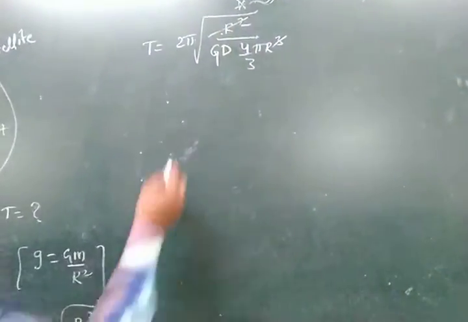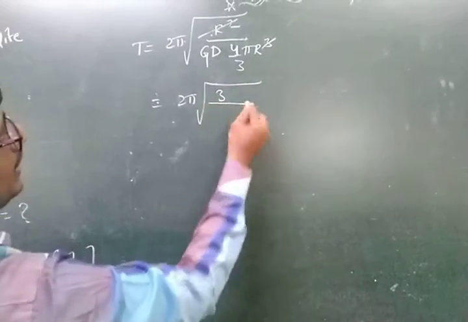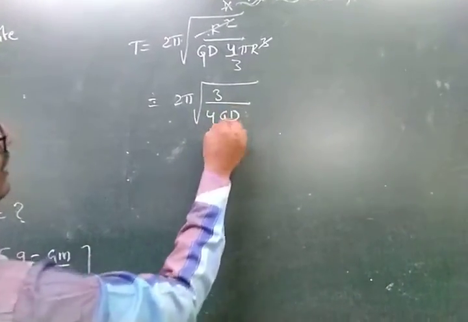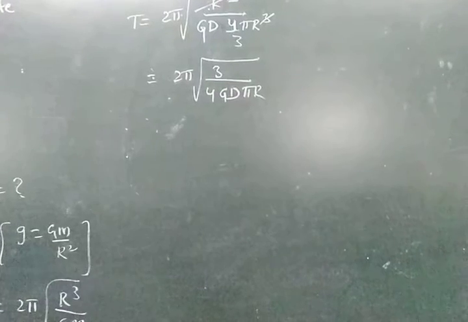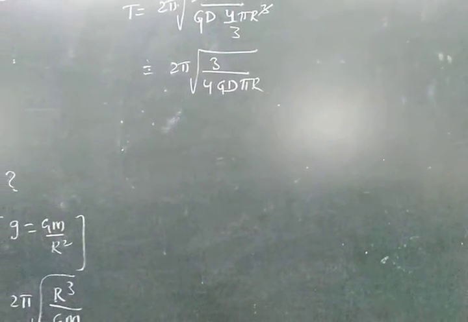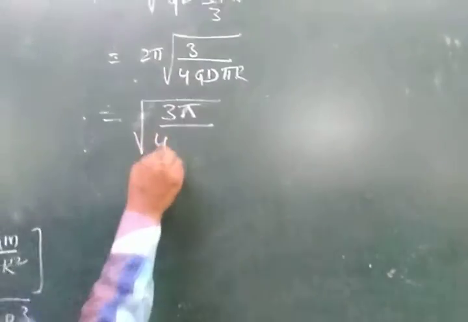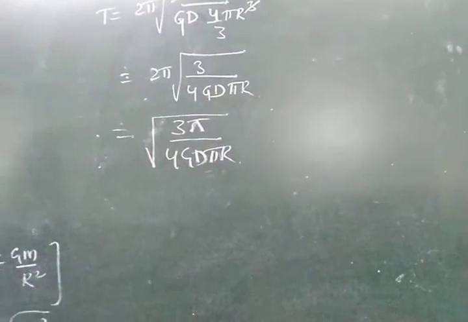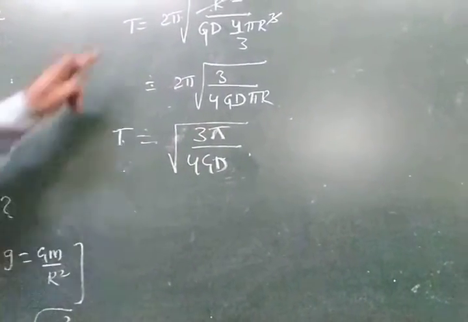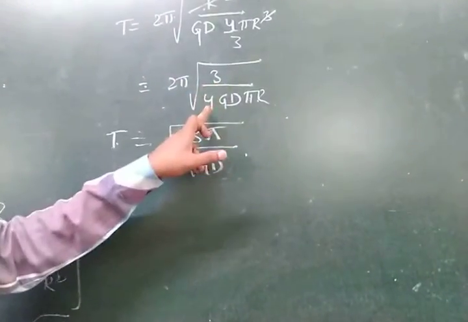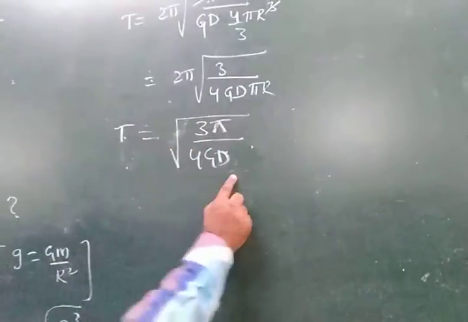The R cube will be cancelled, and taking the denominator's denominator to the numerator, we get 2 pi into the square root of 3 by 4 pi G D. Now squaring on both sides, T square is equal to 4 pi square into 3 by 16 pi GD, and the pi square is cancelled. Then T is equal to the square root of 3 pi by GD.